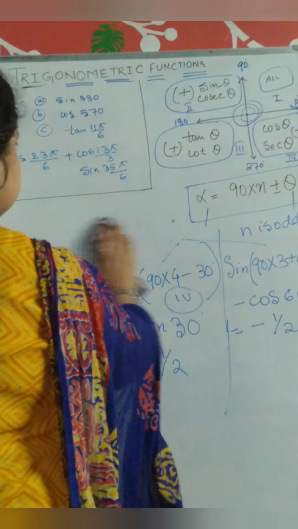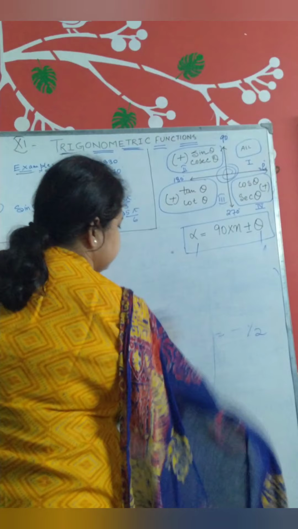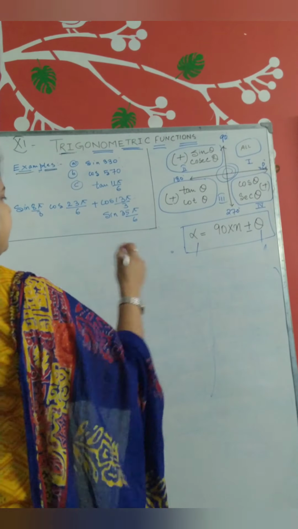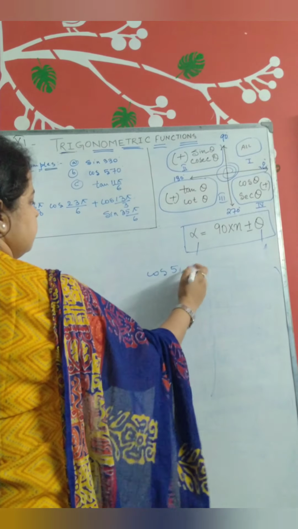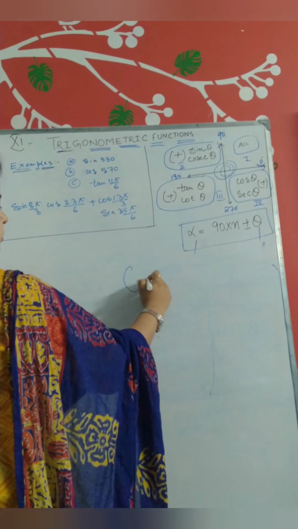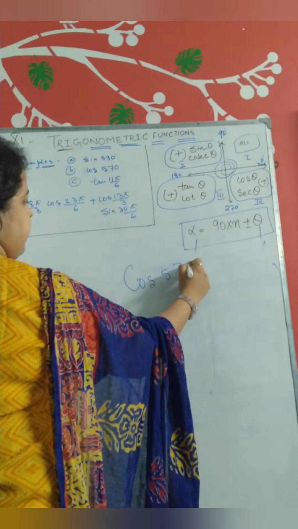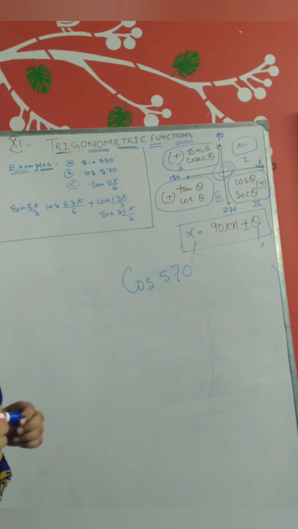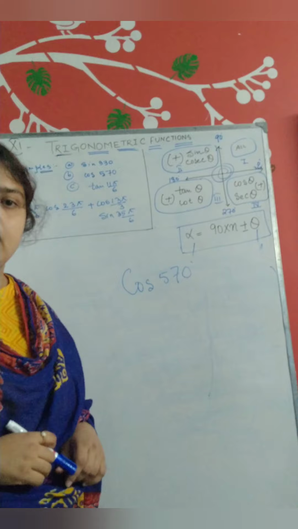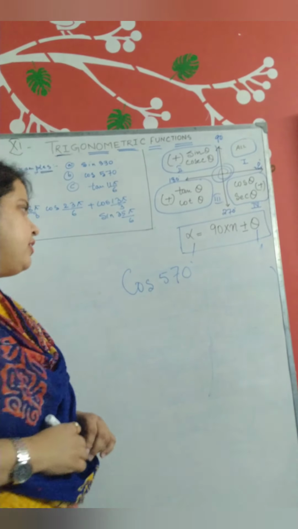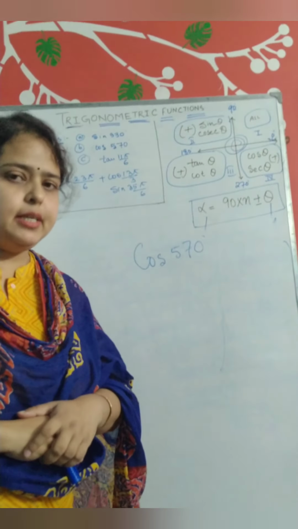Then quickly comes cos 570 degree. Now calculating 570. How can we convert? How can we split 570?